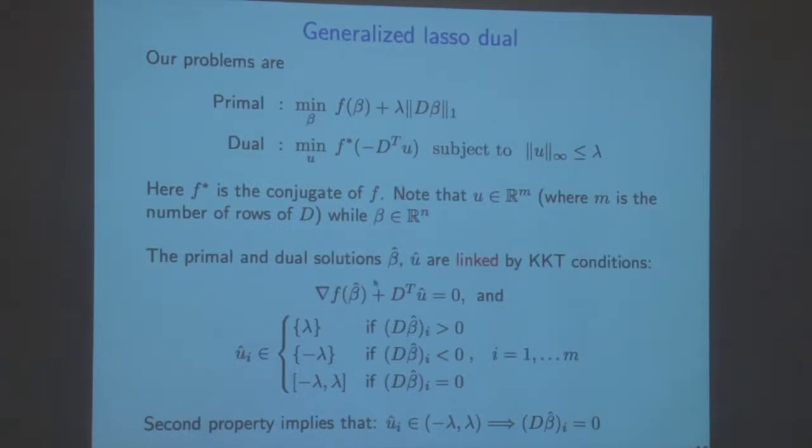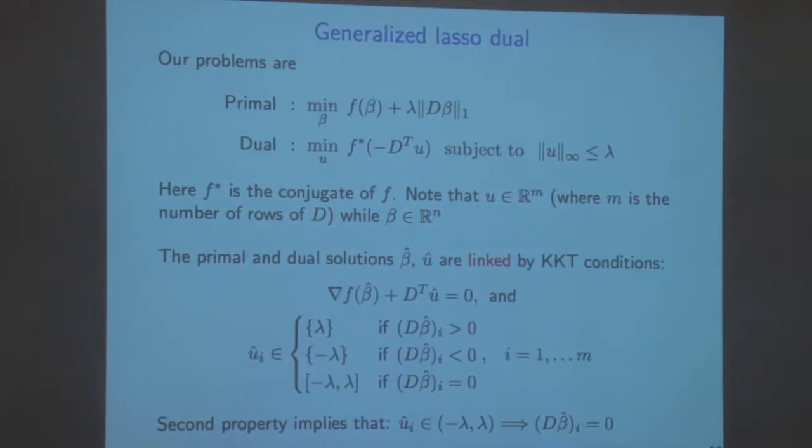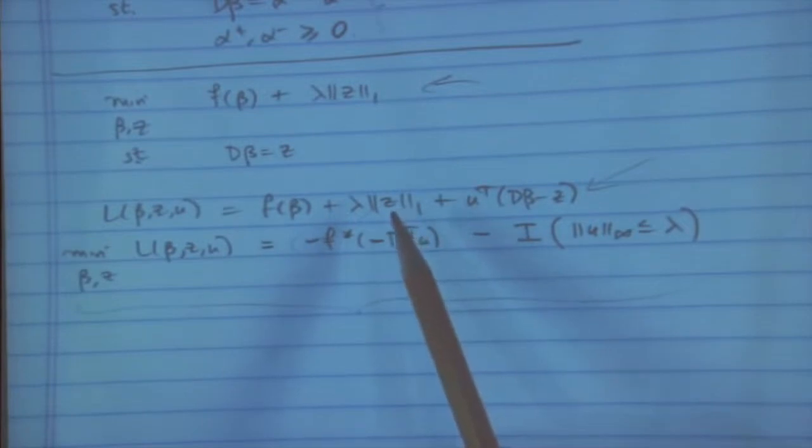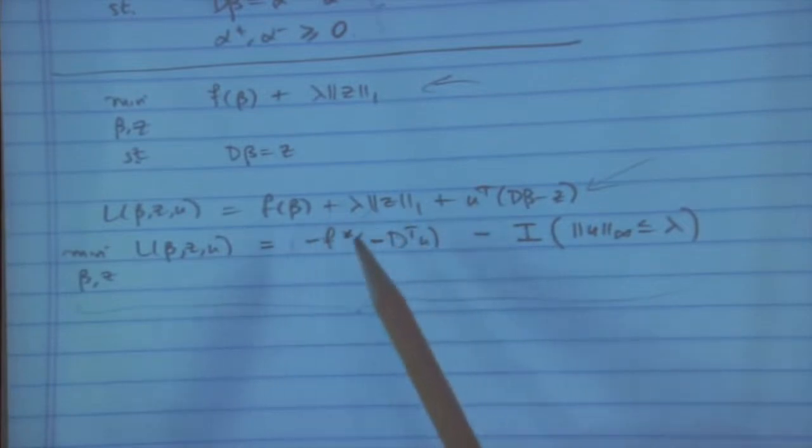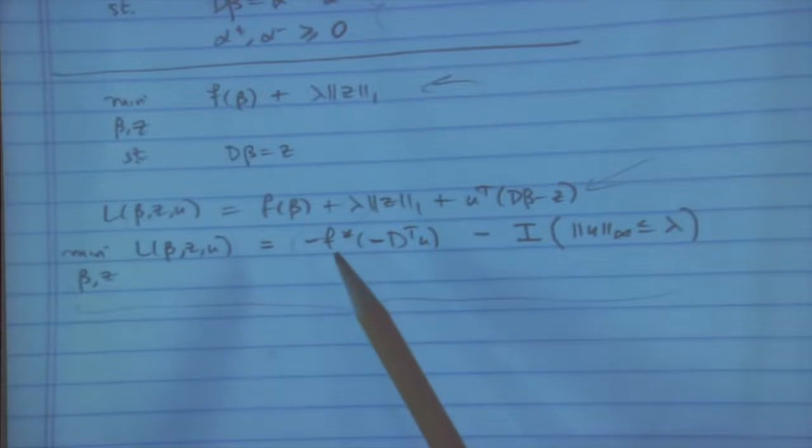So in that case, now we can go to the KKT conditions for this problem, and we can look at the stationarity conditions to link the primal and the dual solutions. This is the Lagrangian, we already wrote it down. And we know that if I take a gradient with respect to beta and a subgradient with respect to z, then in either case, those are going to be characterizations for beta and z in terms of u.